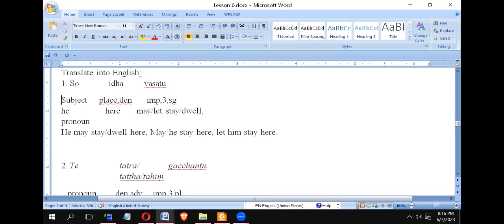Then the sentence: he may live, dwell, stay here. May he live, dwell, stay here. Let him live, dwell, stay here. Because the ending shows it is the third person singular, but in this context we can use "he" straight away. That's how I do it. Thank you.